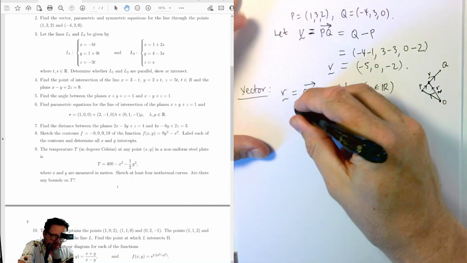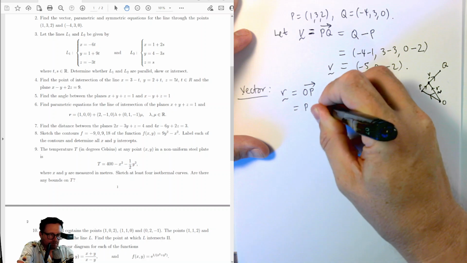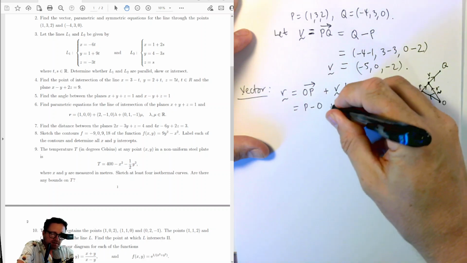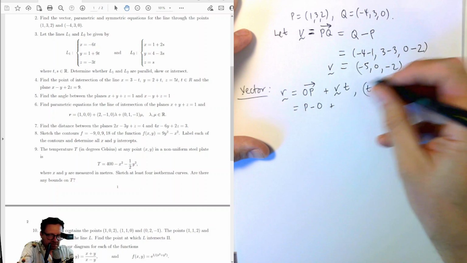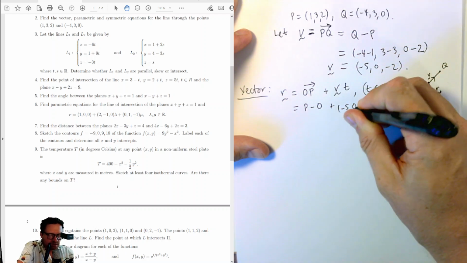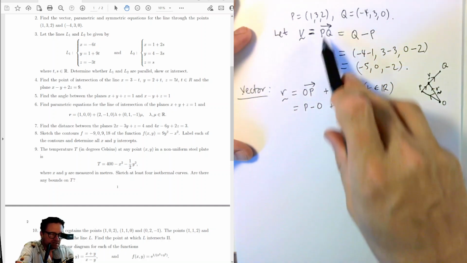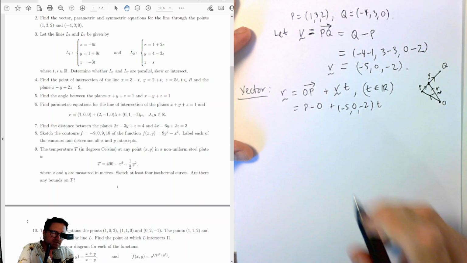But let's simplify this. So OP is P minus O, and then plus this vector times t. So (-5, 0, -2) times t. So P minus the origin is just this.